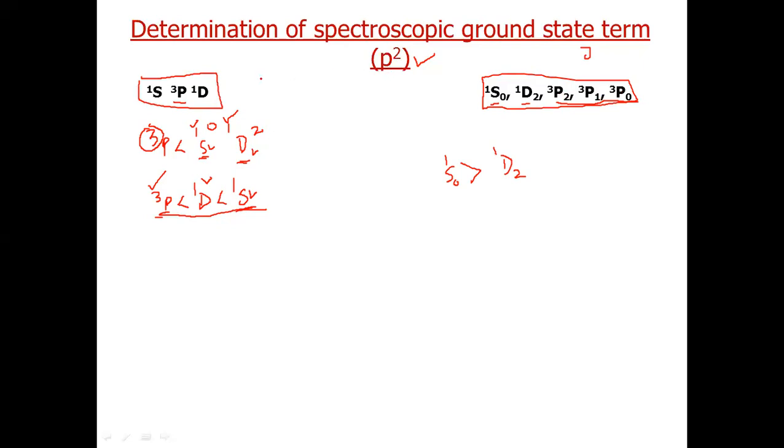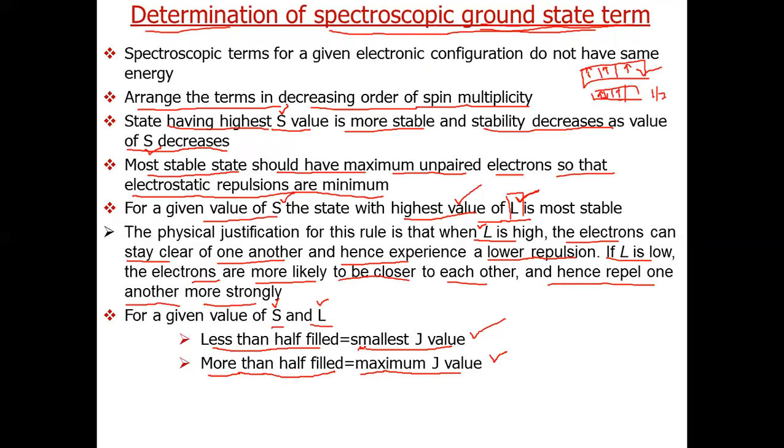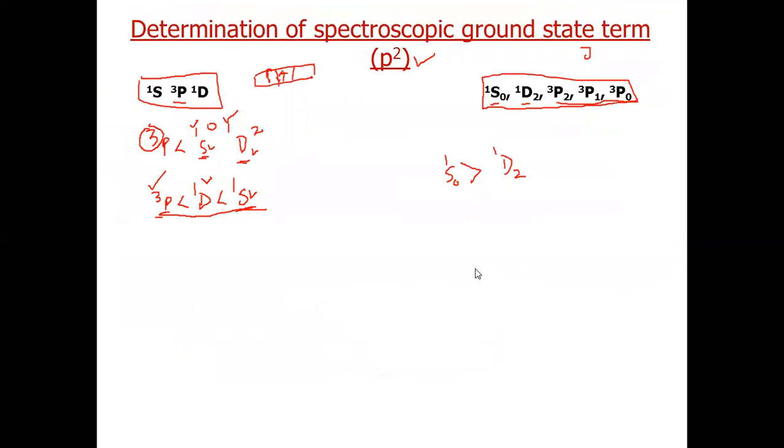Now p2 is less than half filled. A p orbital can have a maximum of 6 electrons, so it has only 2 electrons. So it is less than half filled. We said in our previous slide that if it is less than half filled, then the term symbol with the smallest J value will be more stable.